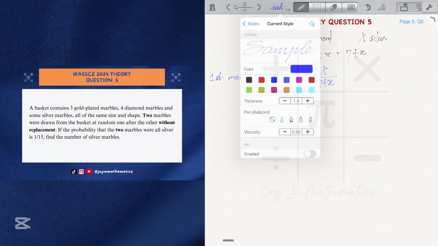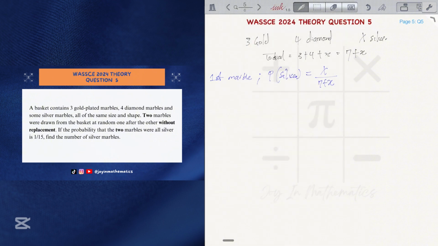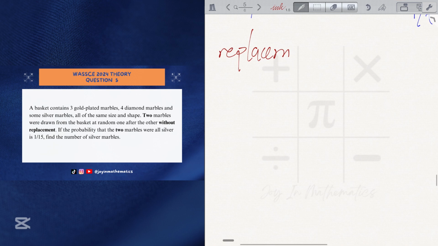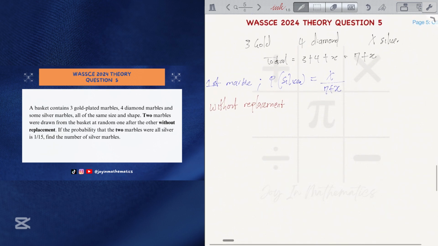Now the question says the second marble is drawn after the first marble, so without replacement. That means the number of marbles will have been reduced by 1.